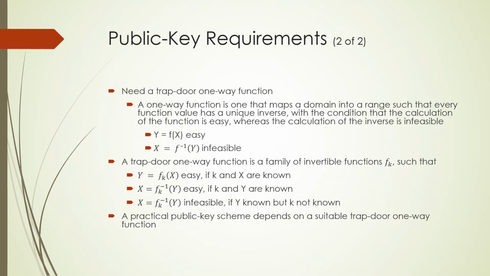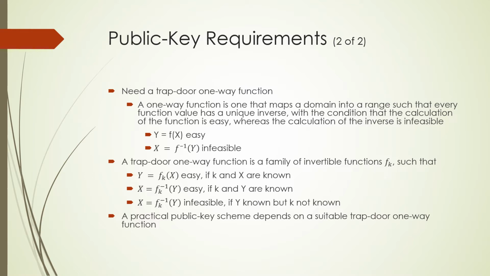Now, the very important requirement of public key crypto systems is that they need to have a trapdoor one-way function. First of all, in order to understand things, let's find out what a one-way function means. This is kind of similar to the pre-image resistance feature that we saw for crypto hash functions.